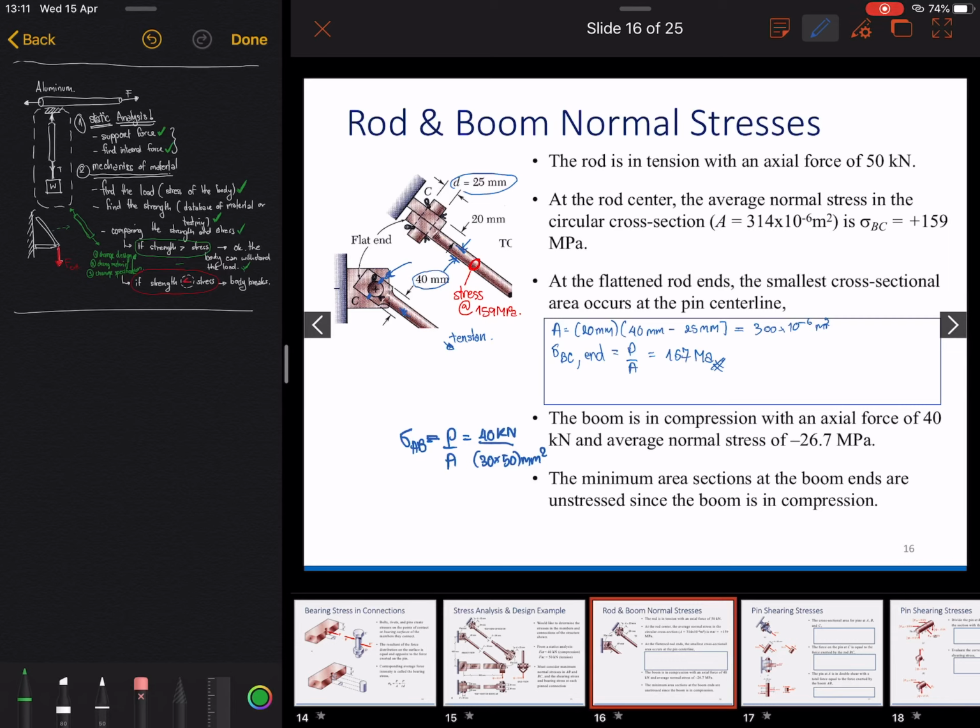For example, if you have a pin like this and you get compression, you can just imagine that in this area there is no stress when you are in compression. So there is no need to do the calculation over there.